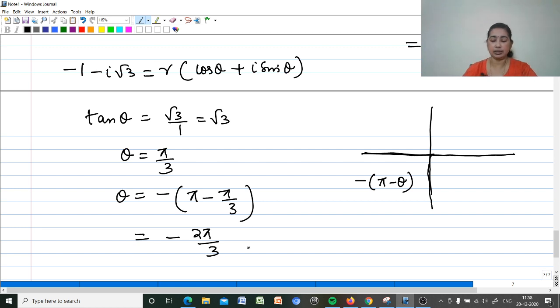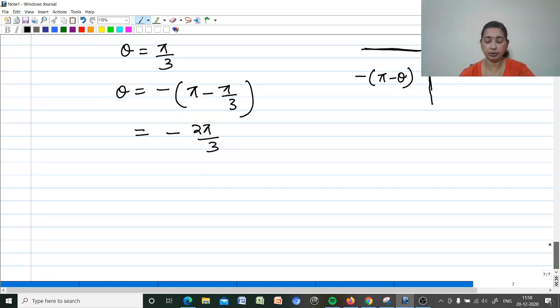So we have to consider the argument as minus 2 pi by 3. If it is asked to find the polar form, then we can write r into cos theta plus i sin theta. Now it is only asked for what is modulus. So mod z is equal to 2 and argument of z is equal to minus 2 pi by 3.